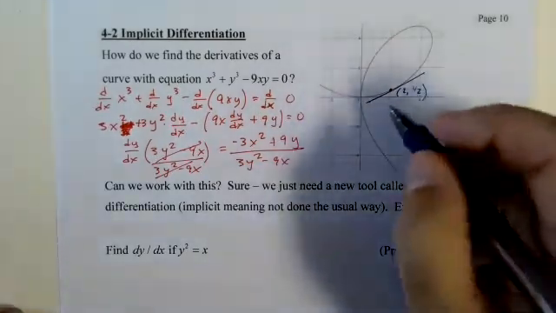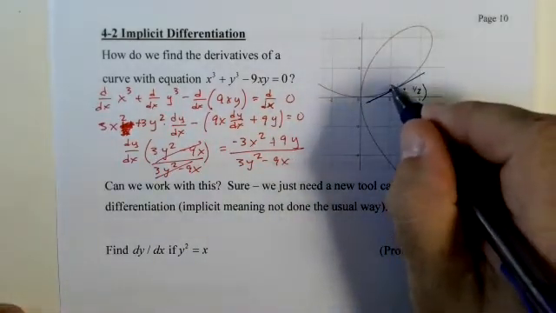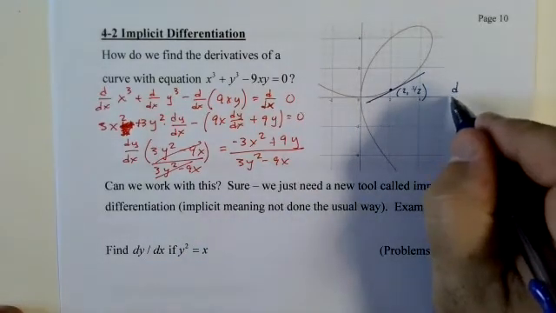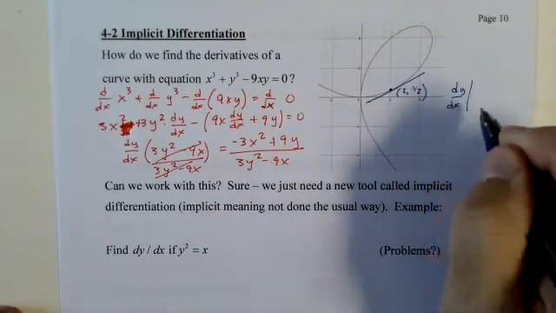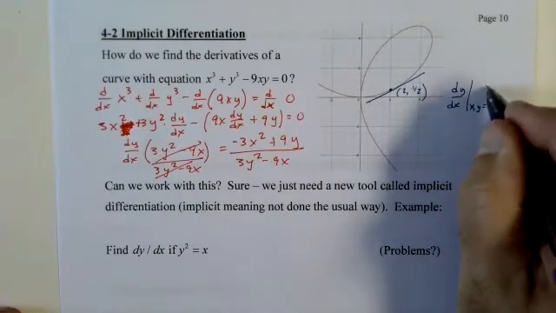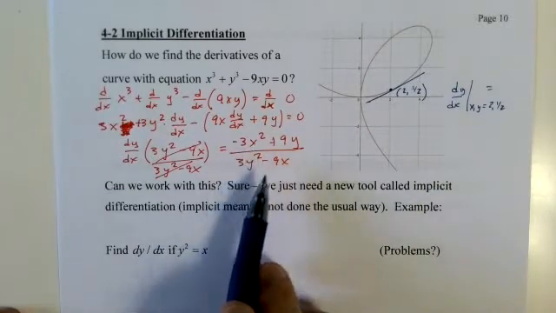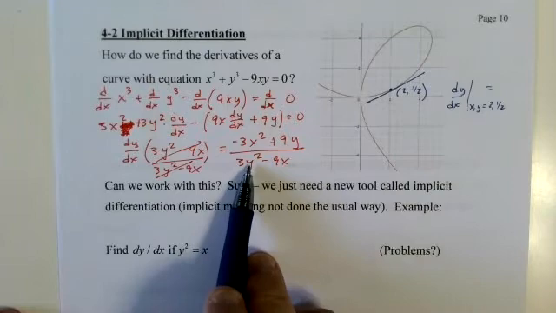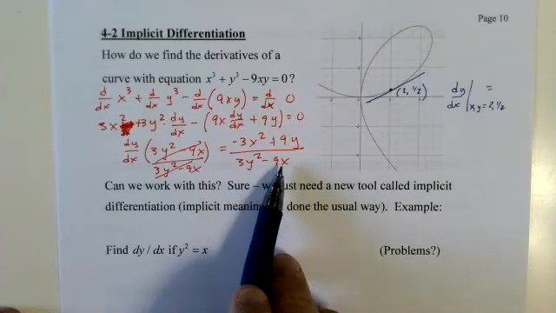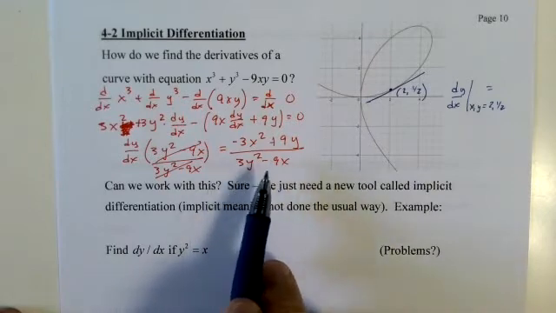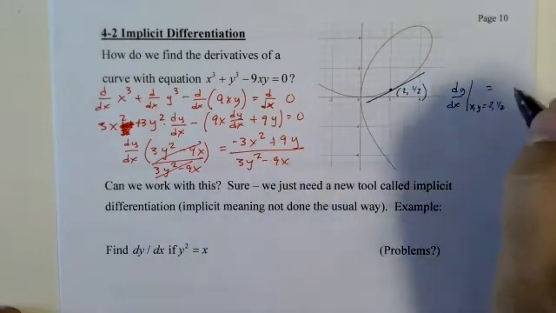Oh, actually, I can almost read this off. It goes up 1 over 2. I should get about a 1/2. So dy/dx at x comma y equals 2 comma 1/2 equals, and I'm just going to slap this together on my own, the bottom would be 3/4 minus 9/2, which is 3/4 minus 18/4, which is 3 minus 18, negative 15/4 on the bottom.